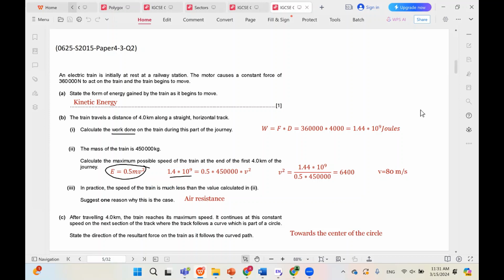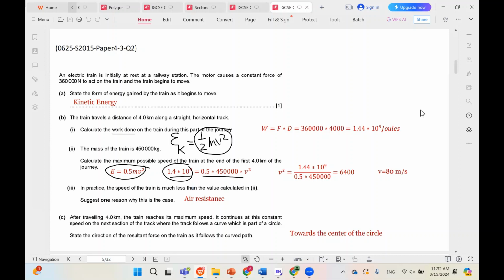So the next rule you should know is that kinetic energy, EK, is half mv squared. And the work done results in an increase in kinetic energy. So we equate this expression to the work done found in part I, and we solve for the velocity.